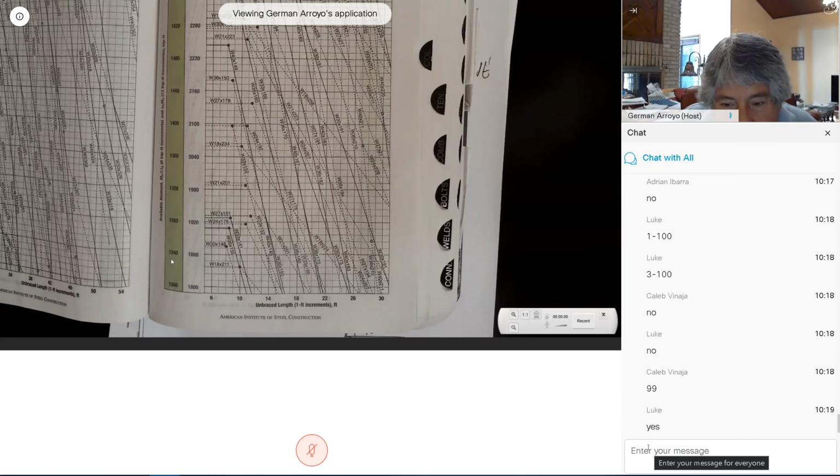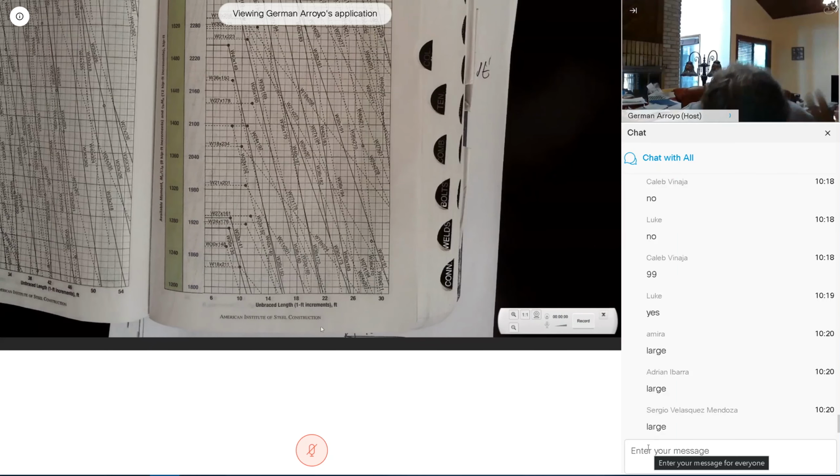Anybody? Large moment, that's correct. So now go with the 1681. So this is 14, 15, 1681, go up and tell me which one is the first solid line that you find to the right and above. What section?